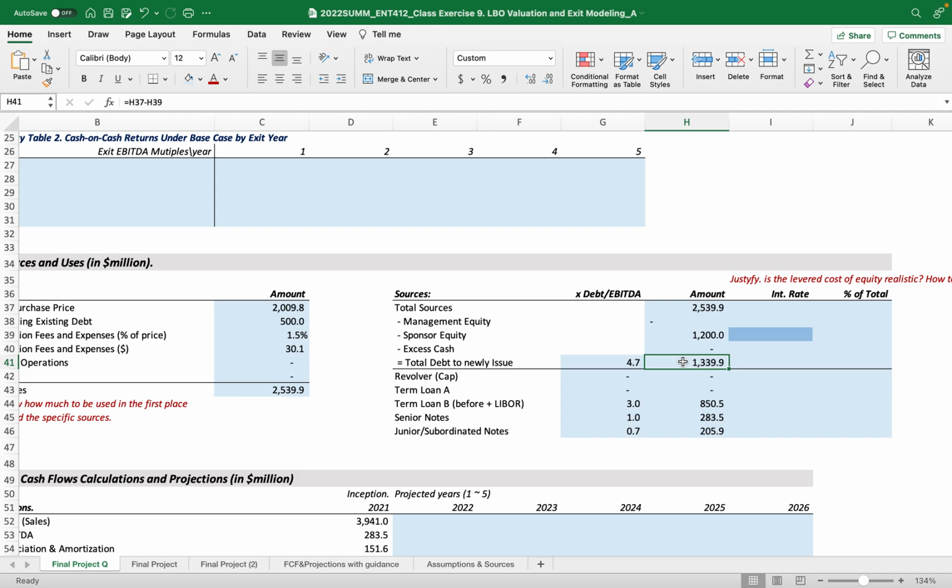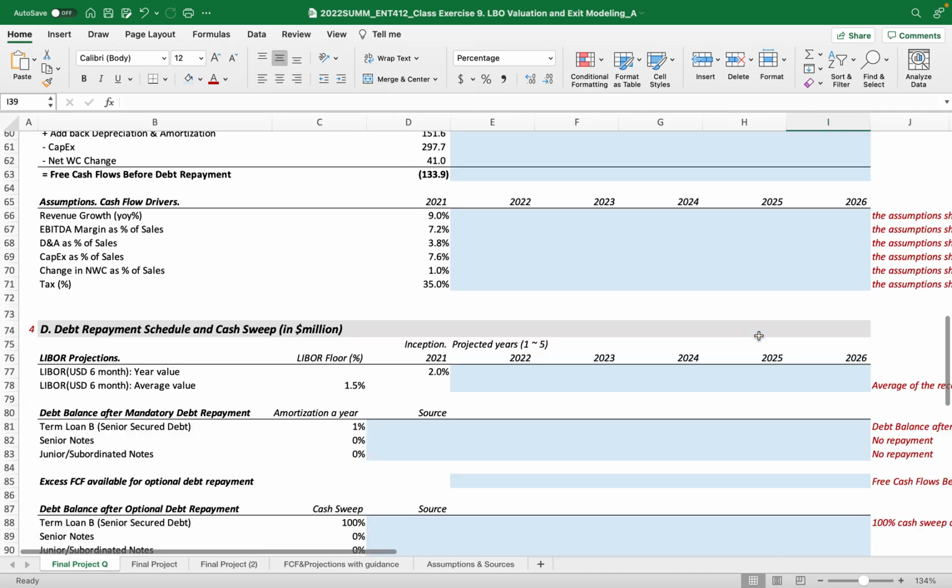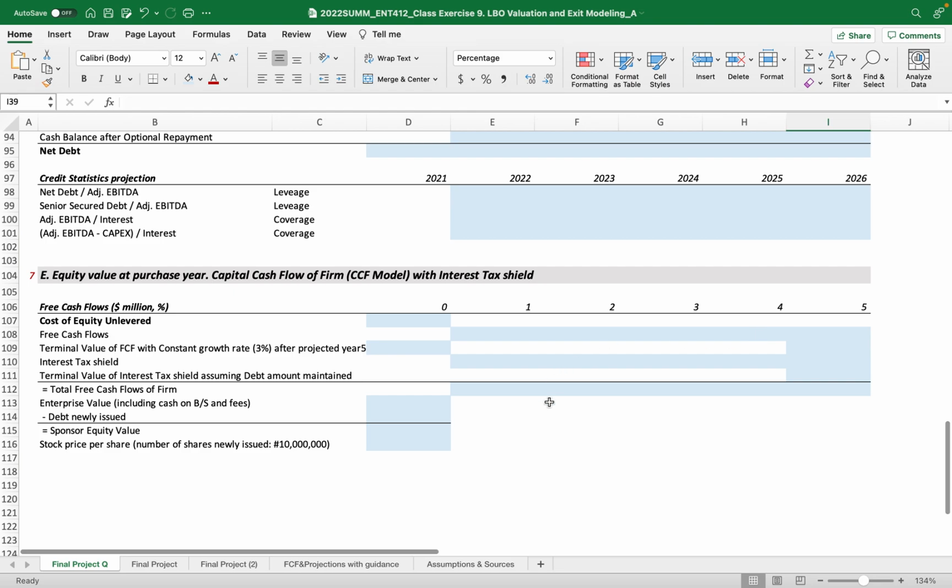Total debt. The interest rate, the sponsor equity, again, this is the cost of equity unlevered. You remember how to get the cost of equity unlevered, right? Assuming 100% equity financing, we are going to use it to discount the future free cash flows under this DCF model.